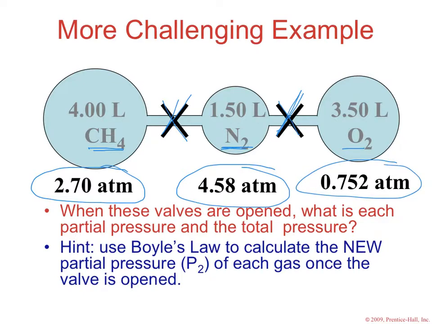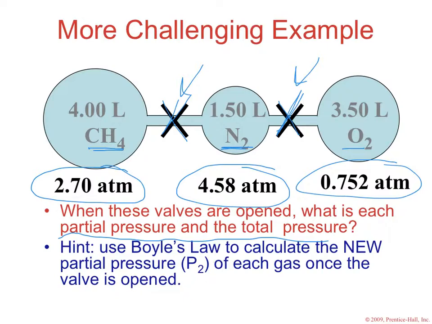If the valves are opened, the gases are all going to diffuse and mix with one another. And the question says, what is the partial pressure of each gas and the total pressure once the valves are open? So, as a hint, you need to ask yourself, what's changing when you open the valves?